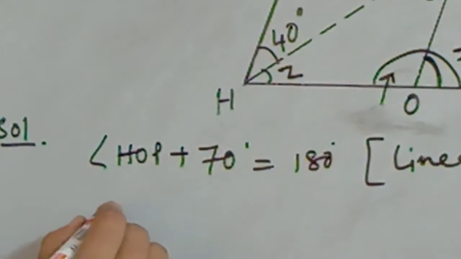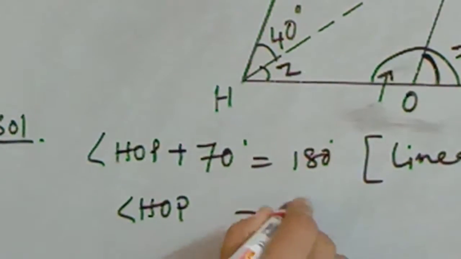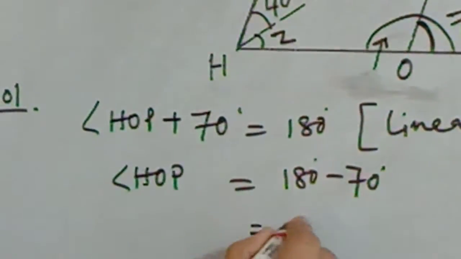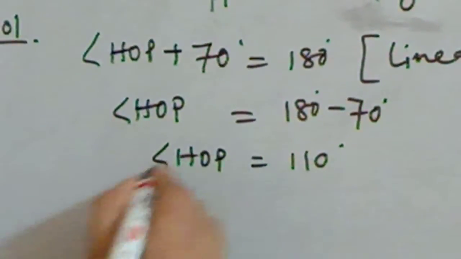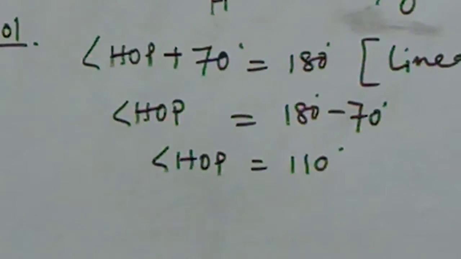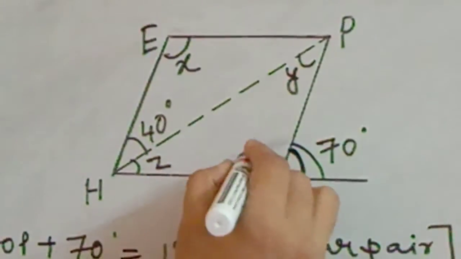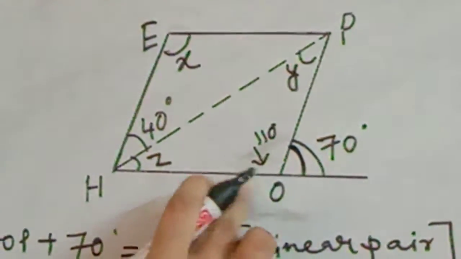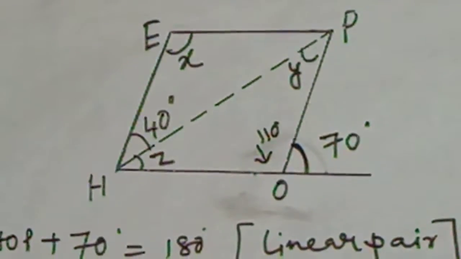Now angle HOP is equal to 180 degrees minus 70 degrees, that is 110 degrees. HOP is equal to 110 degrees. As you have found the value of HOP, that means you have got the value of this angle. This is 110, and it was already given 70 degrees.